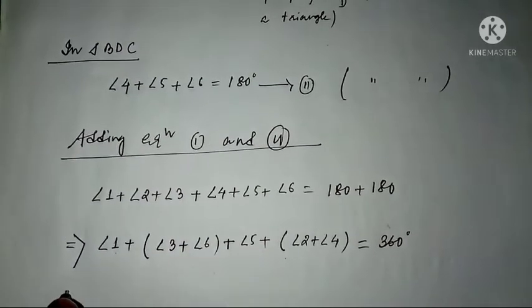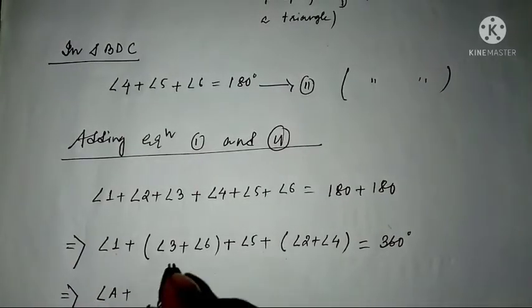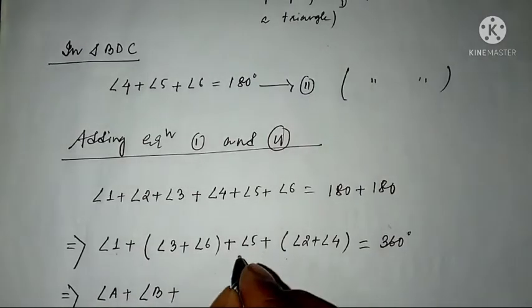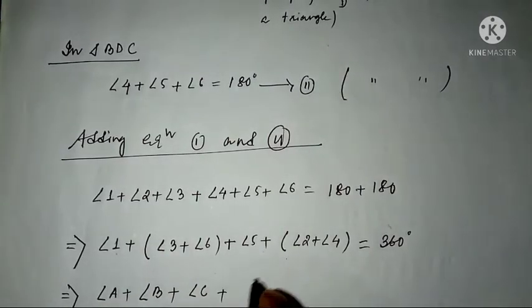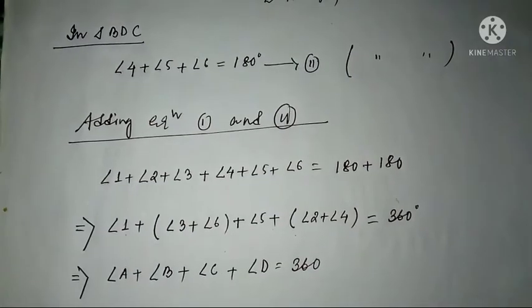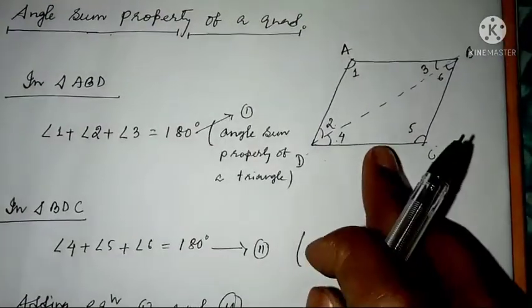It's very simple. Angle 1 is just your angle A, 3 plus 6 was angle B, angle 5 was C, and 2 plus 4 is your angle D. This is your 360 degrees. Now you can see angle A, angle B, angle C and angle D, all these four are the angles of this given quadrilateral.